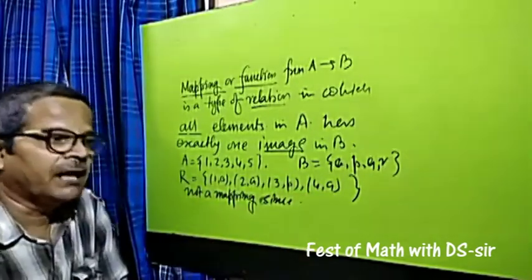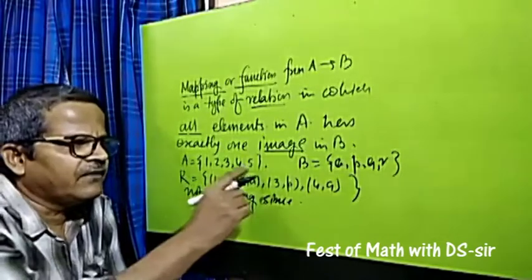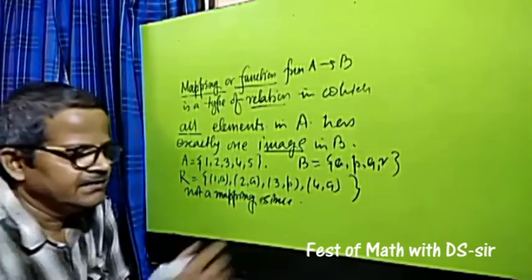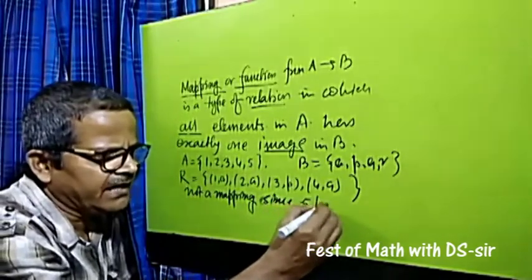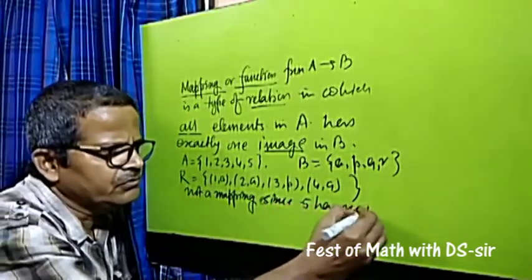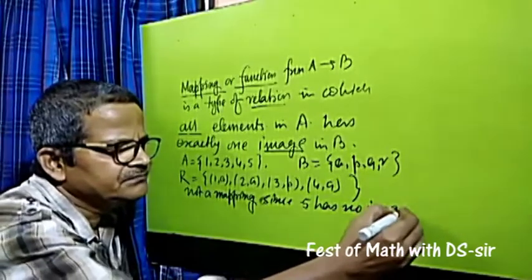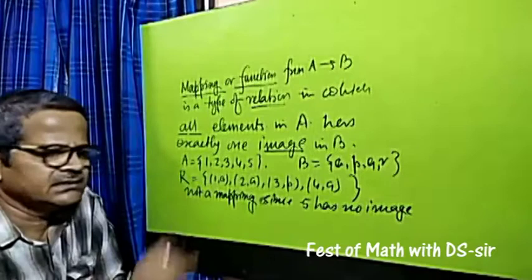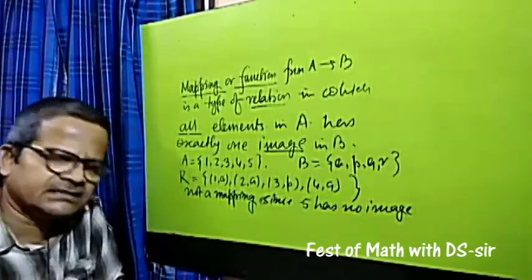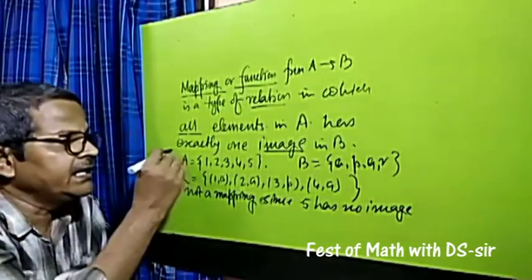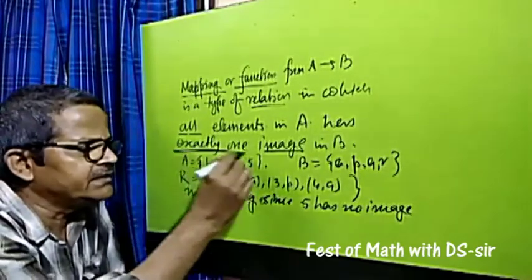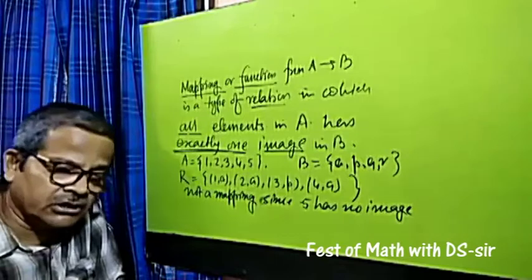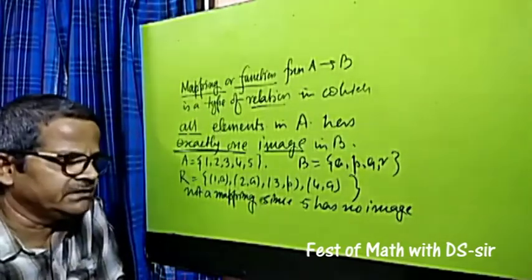No. But see, 5 does not have any image. Since 5 has no image, all elements of A must have an image, and exactly one image. Not only an image, exactly one.